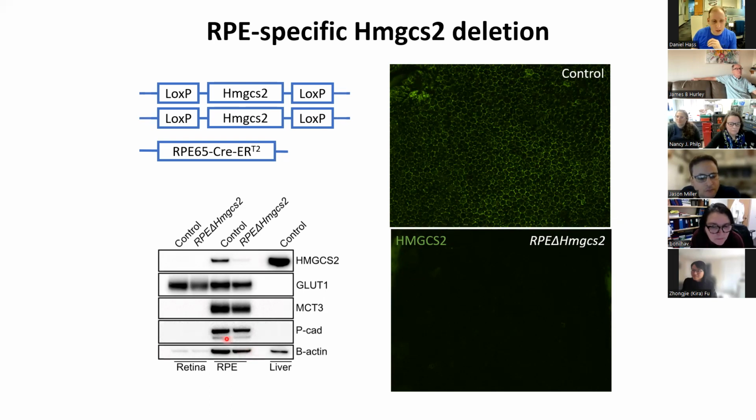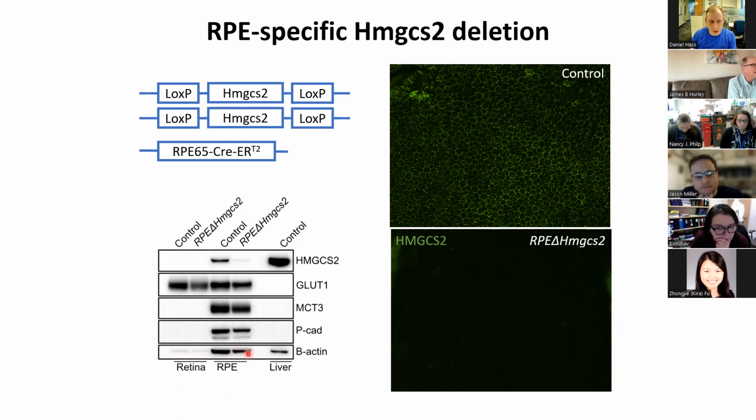I think the main concern I'd have here is retina GLUT1, but I don't really know what the actin would be like if we boosted up that signal a little bit, so I don't want to make a comment on it. But I think this change in actin probably isn't substantial enough to totally erase a band if it was present. There is a small band here if you kind of squint.